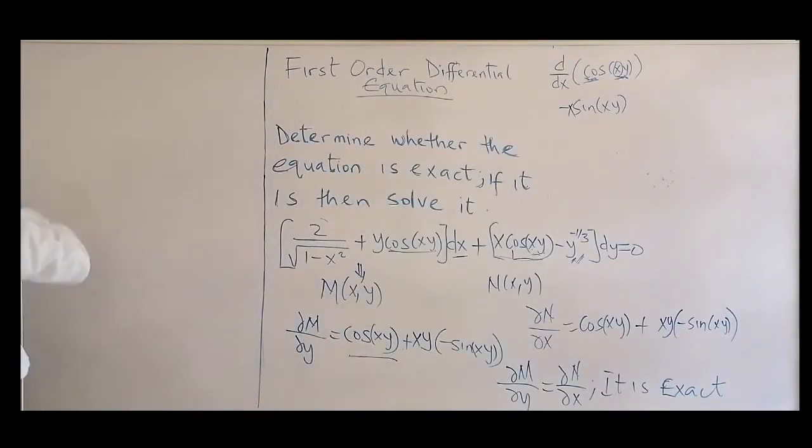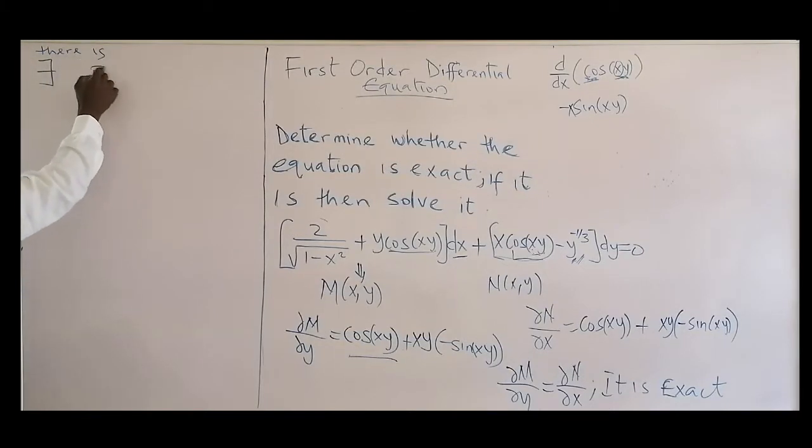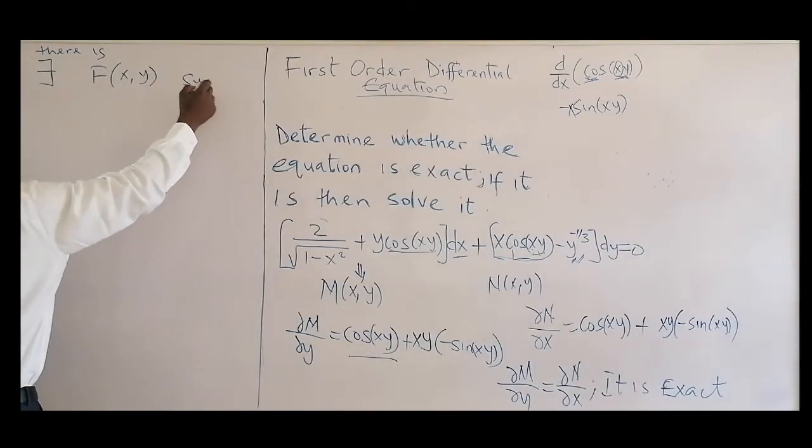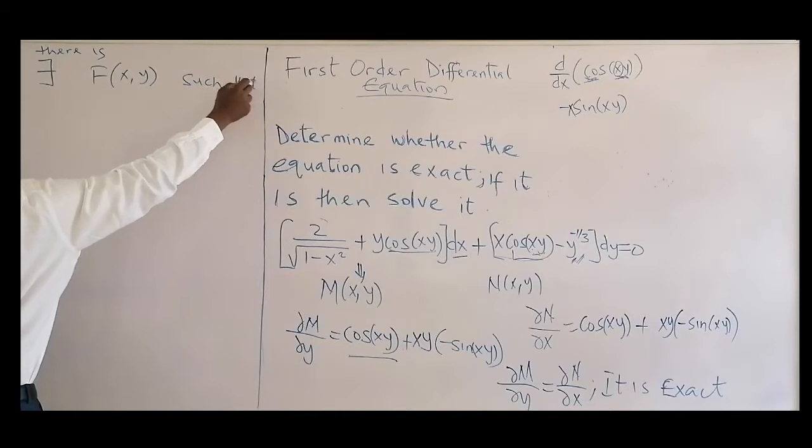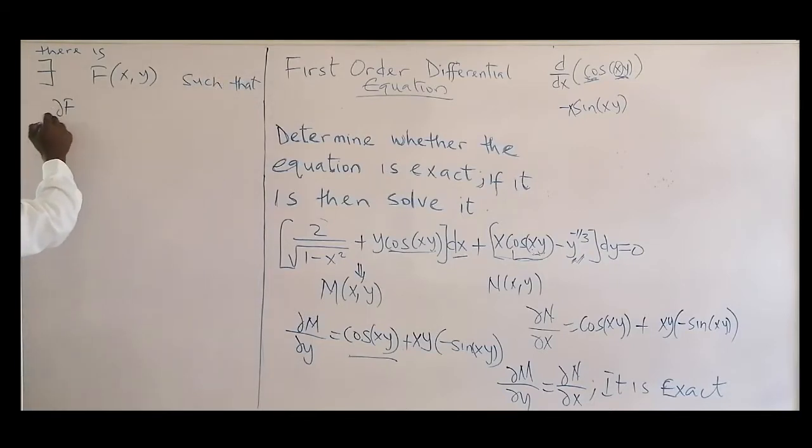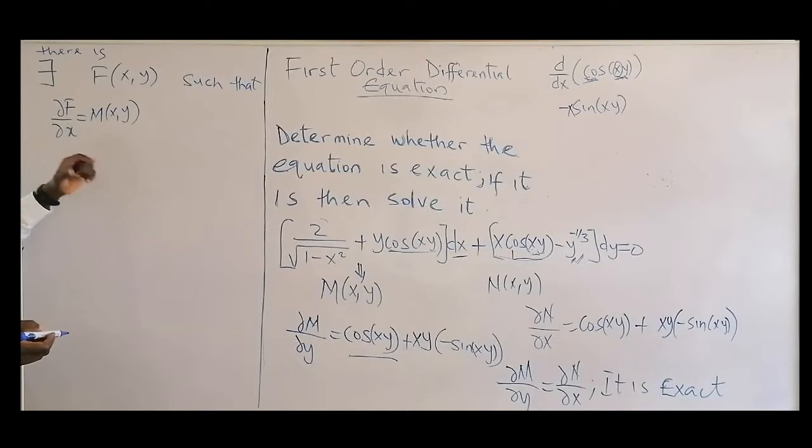So if it is exact, then it means that there is a function f of these two variables such that either the partial of f with respect to x is equal to M, or the partial differential of f with respect to y is equal to N. Just stick to one.